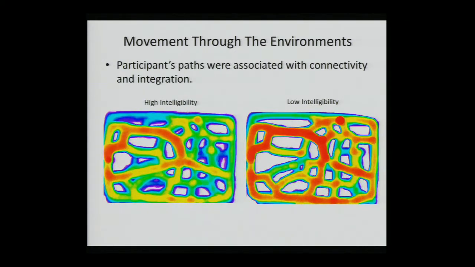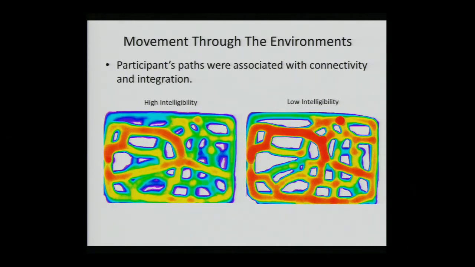What we found, as you'd expect from the broad work of architecture, is that when we observed at the individual level in VR, the most preferred paths in the highly intelligible environment are still seen when you have someone navigate to an unfamiliar landmark. People preferred the two most connected paths in the environment, and this is interesting because they're completely unfamiliar with these environments.